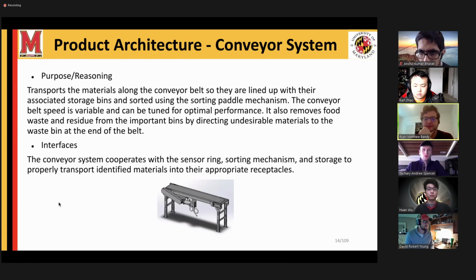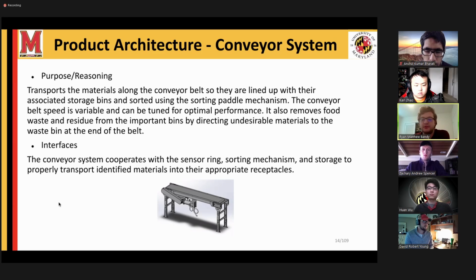The conveyor system transports the materials along the conveyor belt so they are lined up with their associated storage bins and sorted using the sorting paddle mechanism. The conveyor belt speed is variable and can be tuned for optimal performance. It also removes food waste and residue from the important bins by directing undesirable materials to the waste bin at the end of the belt.